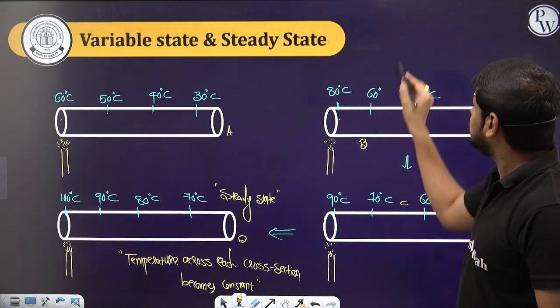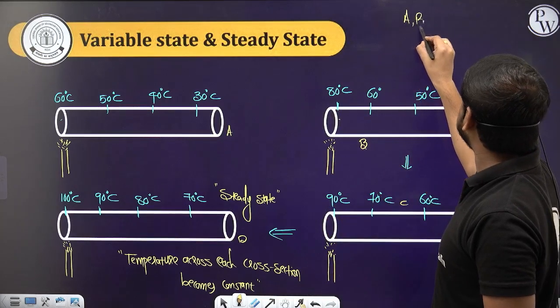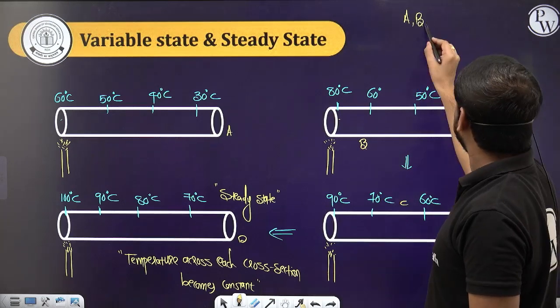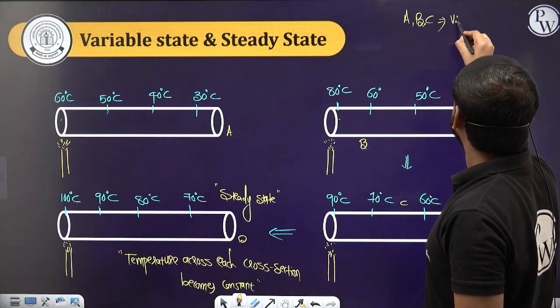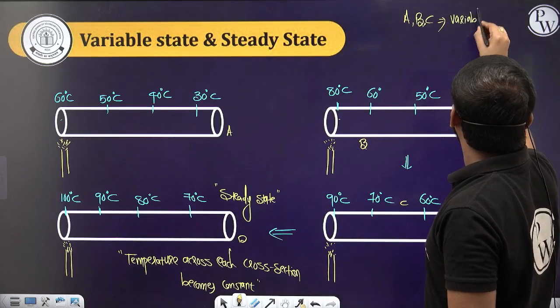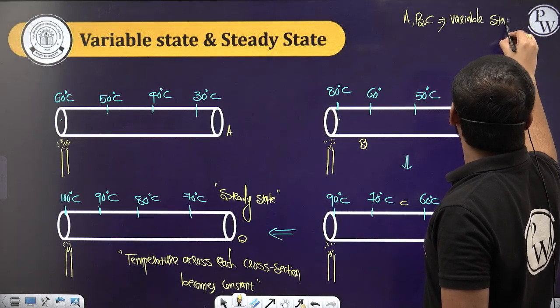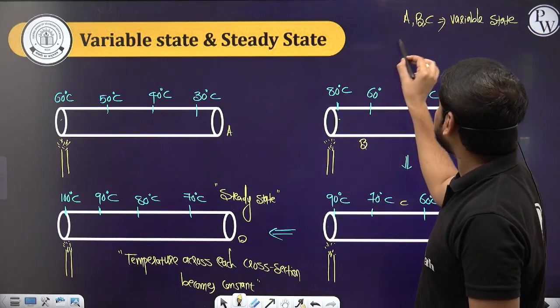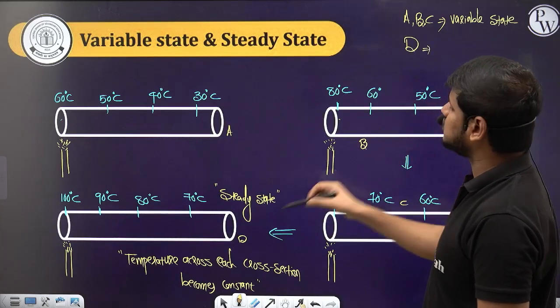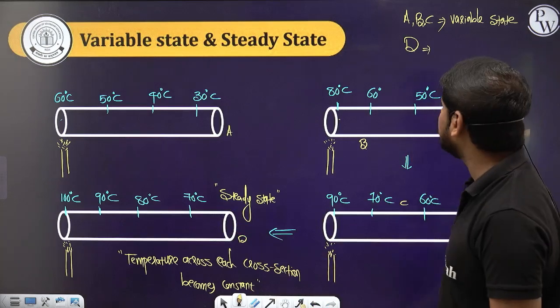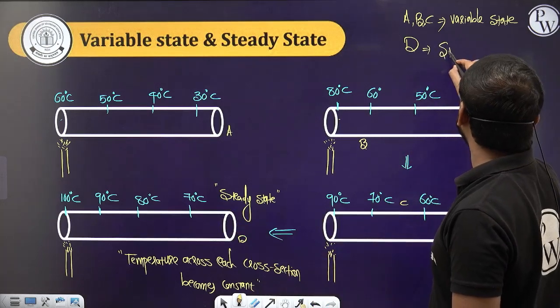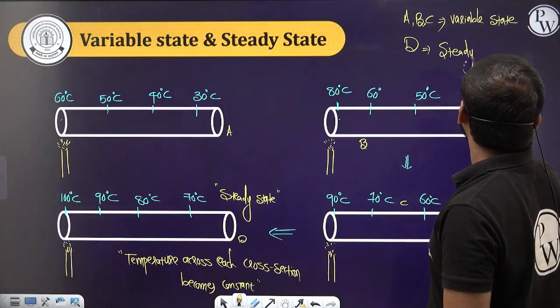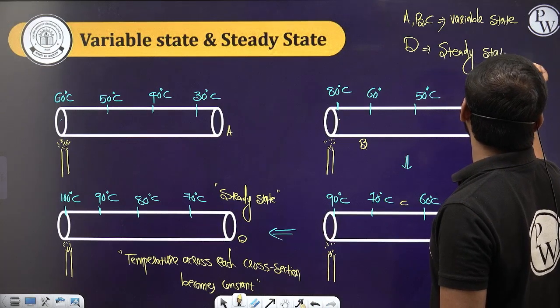So these three A, B, C are called the variable state. Whereas the D1, where the temperature of each cross section is becoming constant, the D1 is a steady state.